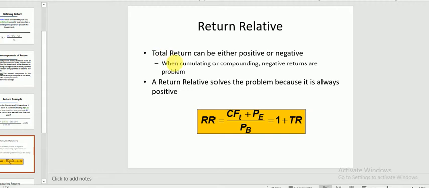Return relative is this: total returns can be either positive or negative. As we discussed, sometimes the result of the total return becomes positive and sometimes negative.